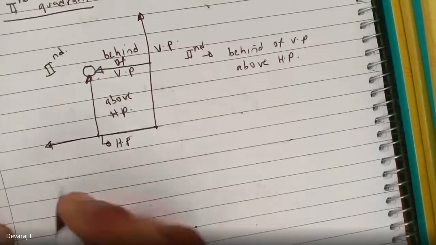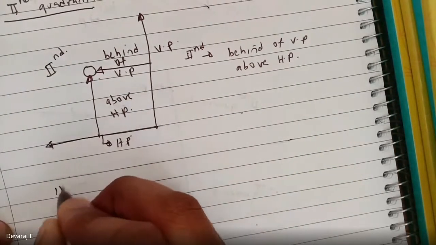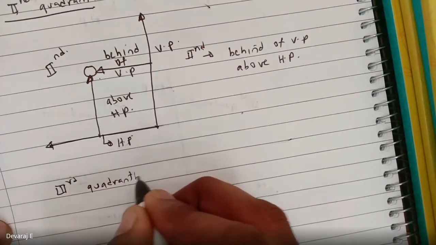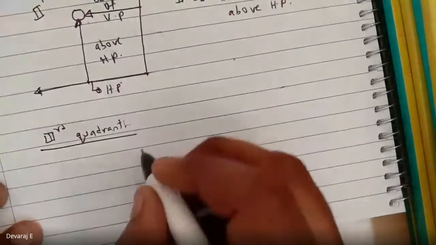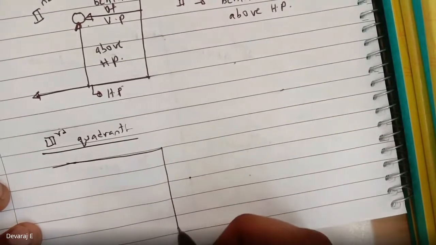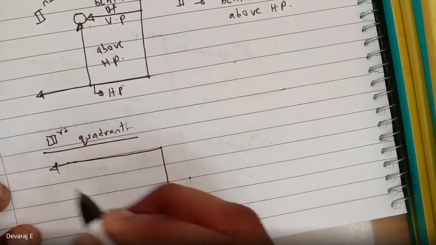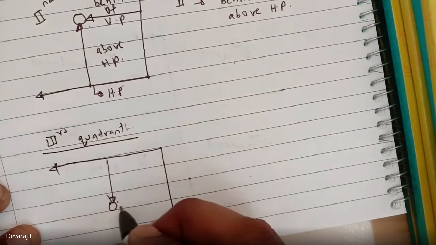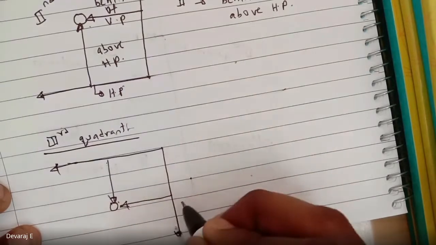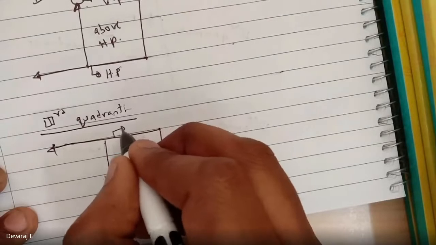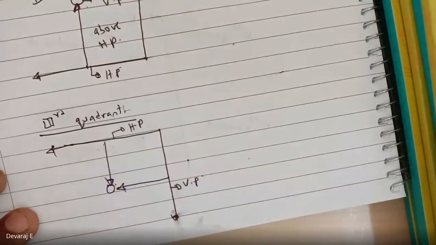Next, write down for the third quadrant system. See, it is like this. The 2D view is like this. If I keep a ball here, so this is VP, this is HP, right? Horizontal plane, vertical plane.